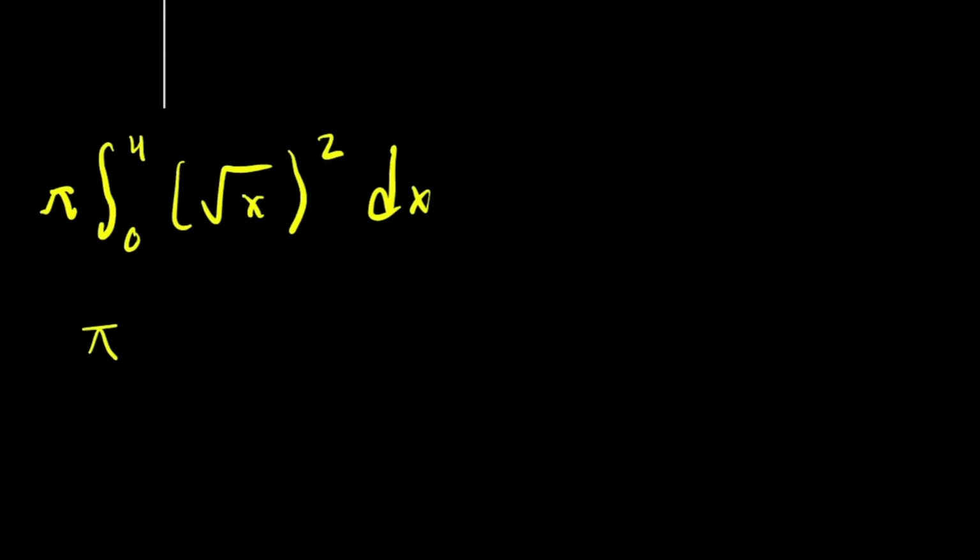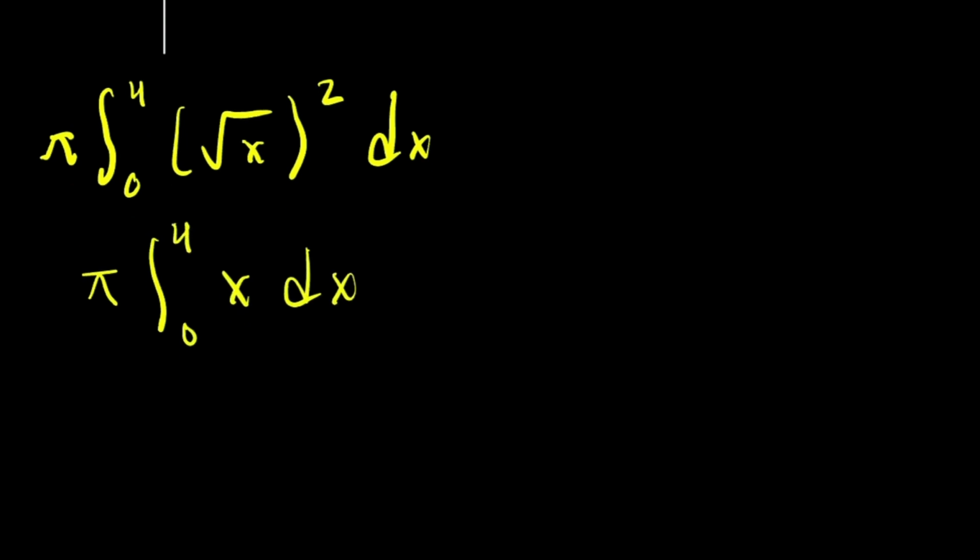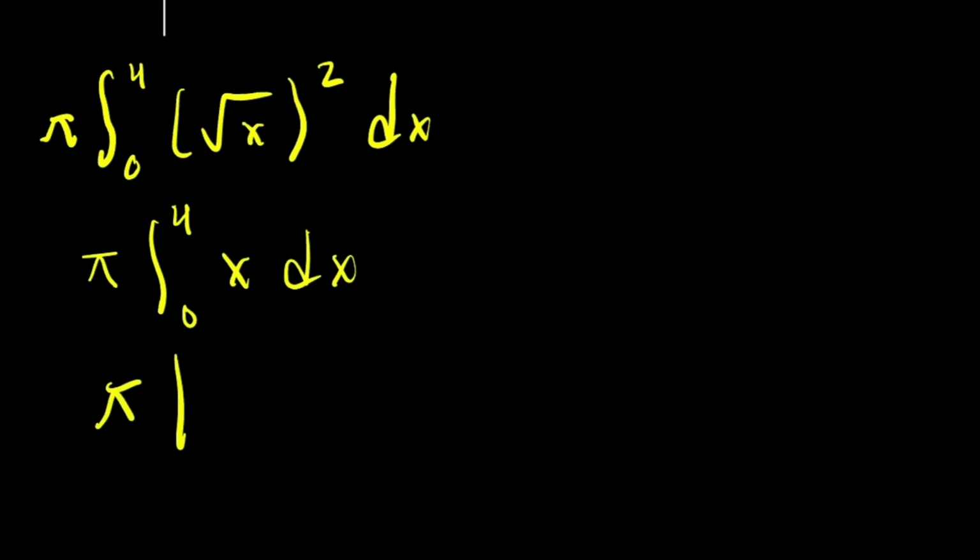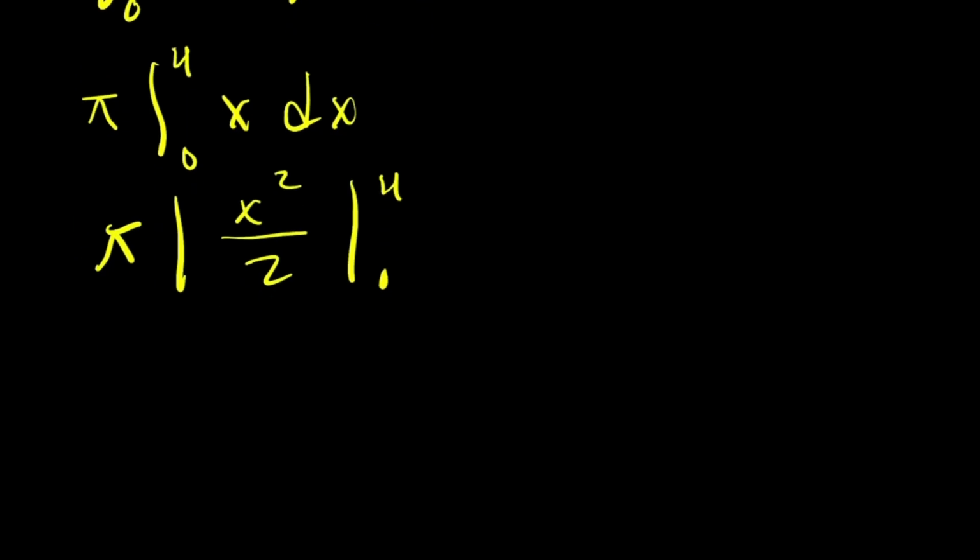So this one looks pretty nice because our root cancels out. So we just get x dx, and the integral of that is x squared over 2 from 0 to 4. Plug in our bounds, we get pi times 16 over 2 minus 0 over 2.